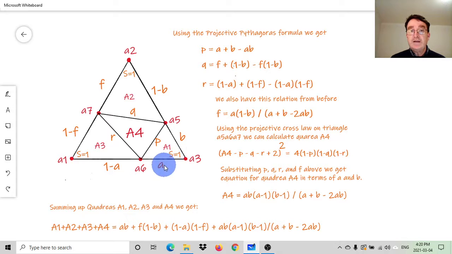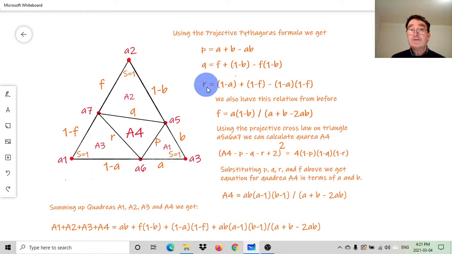So P is A plus B minus A times B. Similarly for Q, because the spread is 1 here, we can apply the projective Pythagoras formula, and that's going to be F plus 1 minus B minus F times 1 minus B. And the same applies for R. Because the spread here is 1, we can apply the projective Pythagoras formula, and that's going to be 1 minus A plus 1 minus F, all minus 1 minus F times 1 minus A. That's the value of R.